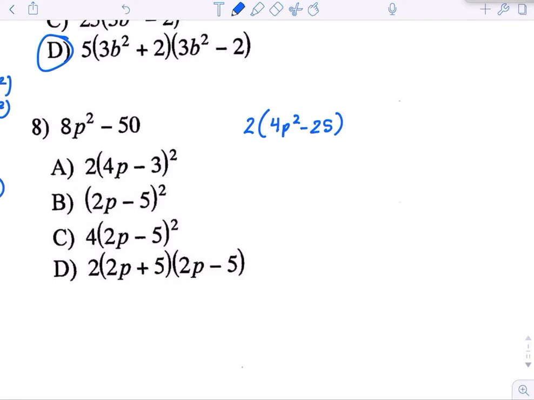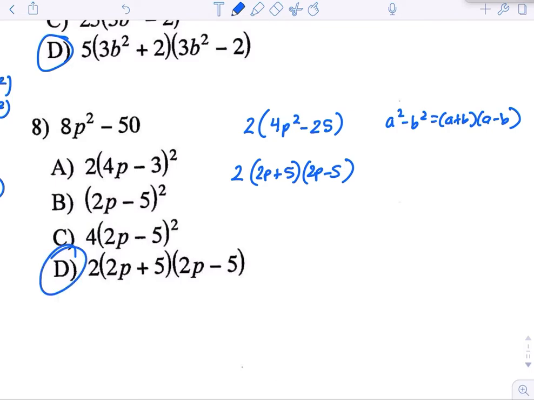Okay, I'm noticing 2 terms, and there's a negative sign, and they both look like you can square root both, so this reminds me of the difference of squares. So 2. The square root of 4p squared is 2p. The square root of 25 is 5. Plus, minus. D.